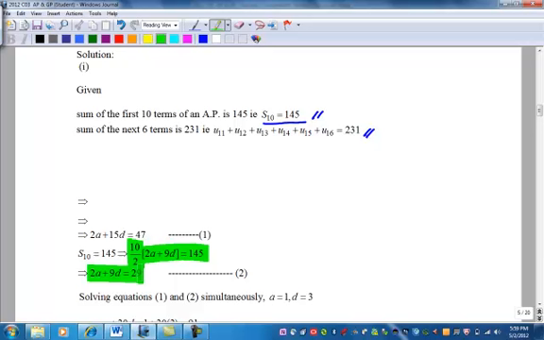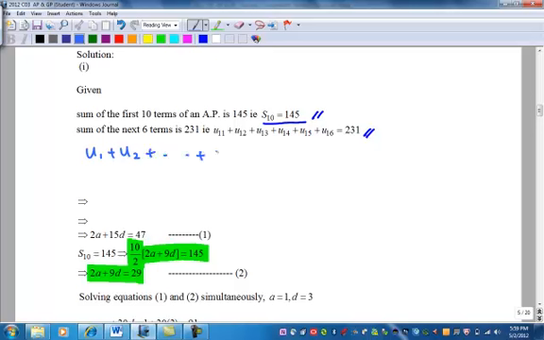Next, we would like to see how we can make use of the second piece of information. For us to make use of the formula Sn, we know that we need to write down the sum from the first term.